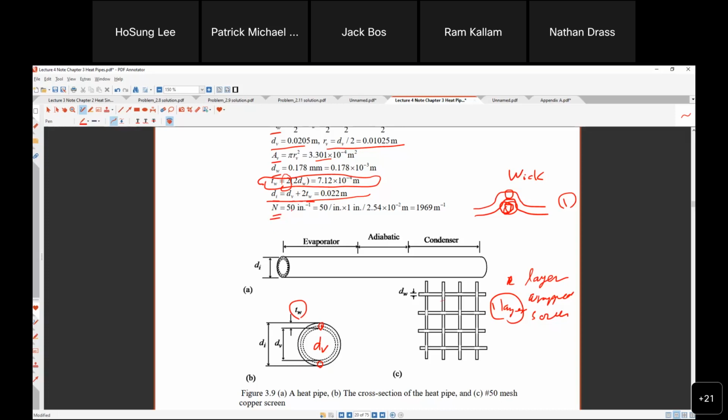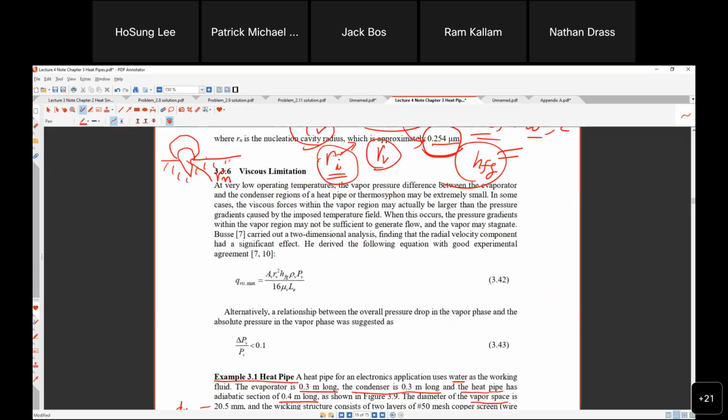So 50, number 50 is 50 per inch. So per inch, you can calculate in meters. 50 per inch. I think that means number 50 wire.